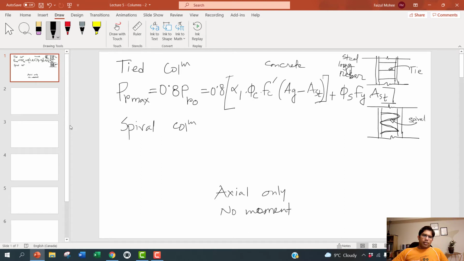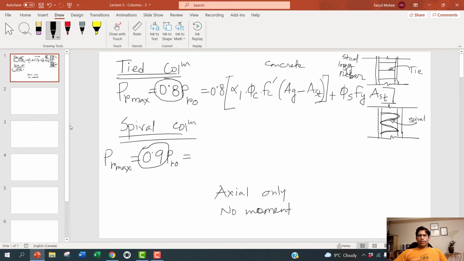And the equation for spiral column is P_r,max. See the difference? 0.9 P_ro. So the factor for tied column is 0.8, and for spiral column it's 0.9.